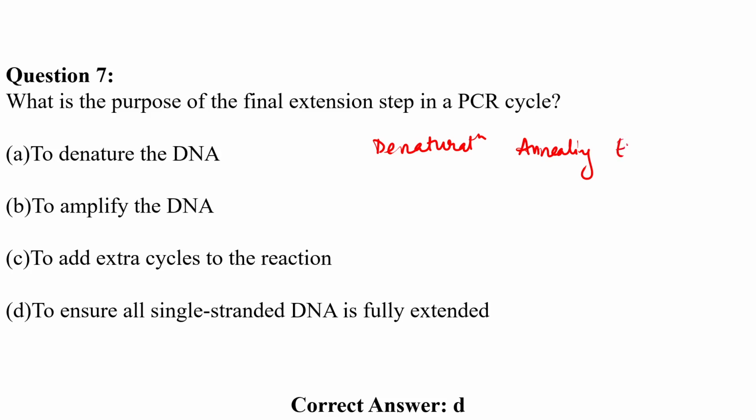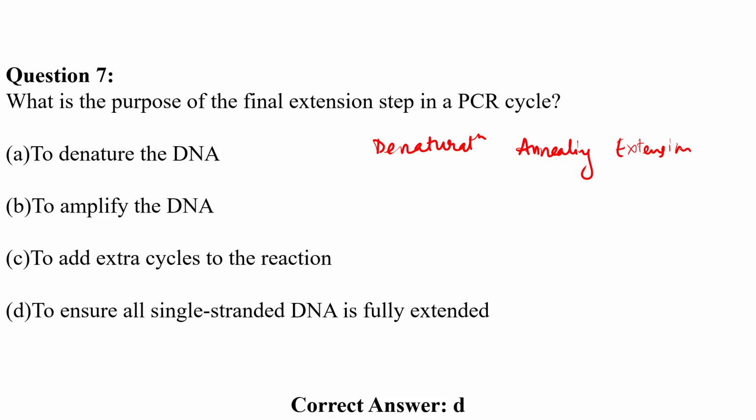Then comes the extension, where the polymerase performs its function by extending the newly stranded DNA, basically extending the primer. So it keeps adding the different nucleotides using the different dNTPs, complementary to the single strand, ahead of the primers.